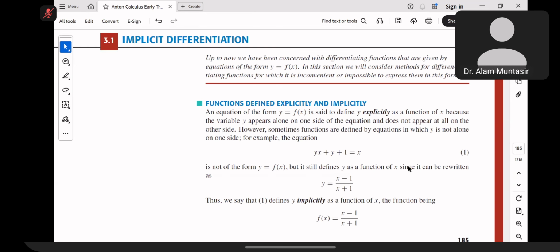So when we apply implicit differentiation, the function is given in a mixed form. That means x and y are in a mixed form. For example, equation 1 is an example of implicit function.